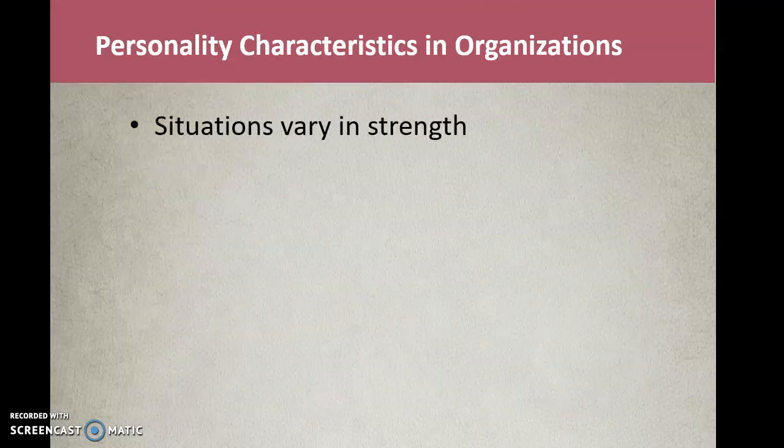So if we look at personality characteristics in organizations, can managers predict the behaviors of their employees? Well, not really. But it also depends on situational variables to predict behavior. When you put people in different situations, and situations vary in strength, it's important to realize that.